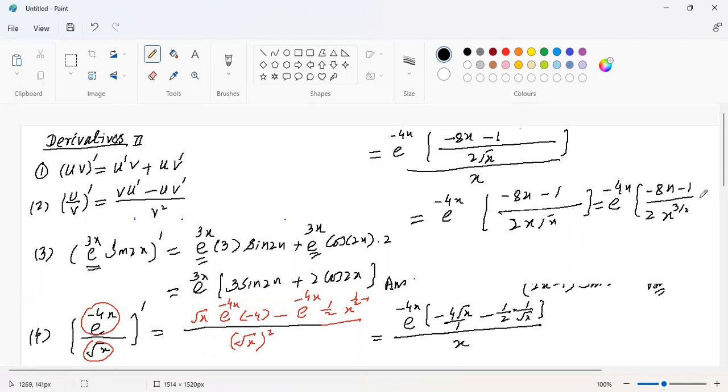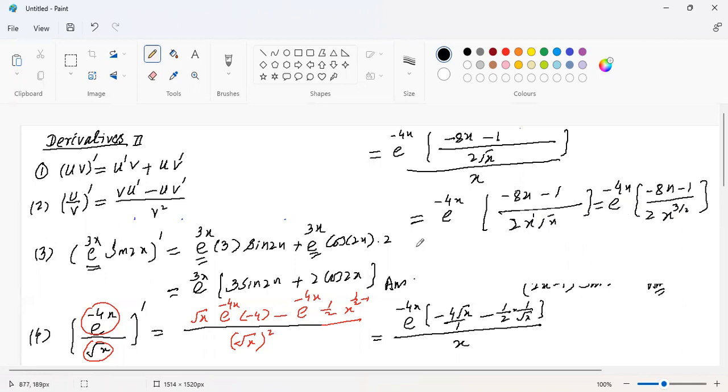Because the power of x is 1 by 2, its power is 1, 1 by 2 plus 1 will be 3 by 2. It is your final answer. You can even write this power, because of negative, you can take it in the denominator, or keep your answer in the same form.